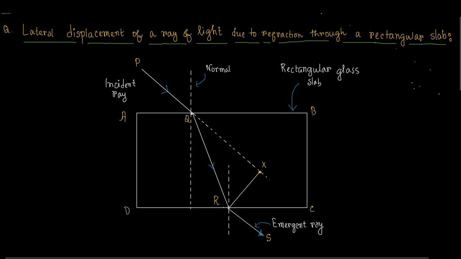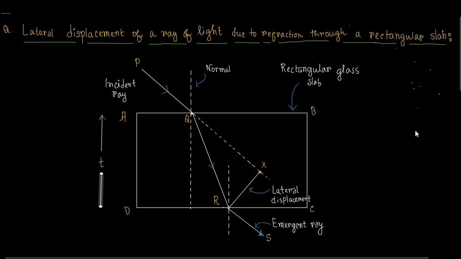Here Rx is the lateral displacement of the ray of light due to refraction through the rectangular glass slab. PQX is the original direction, and RS is the emergent ray.